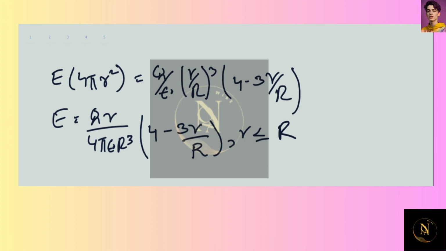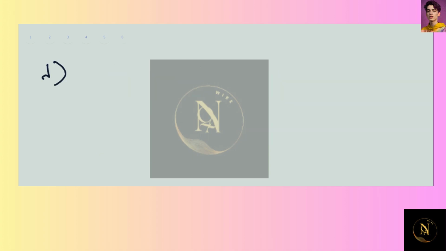Part D of the problem, we plot E versus r. So here is E on the vertical axis, and on the horizontal axis we have r.